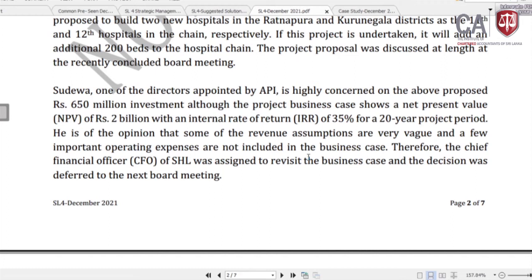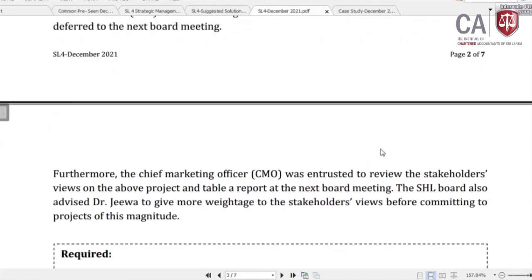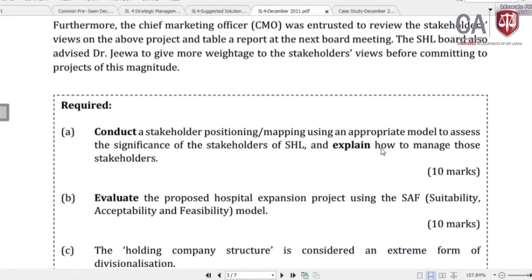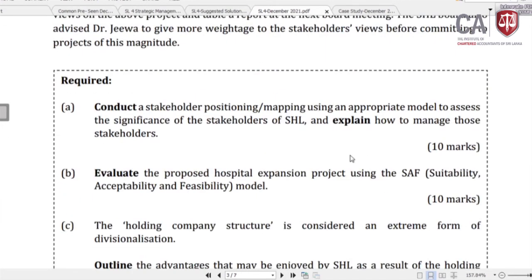Threat, there may be some competing hospitals in the area. Then what about the current economic situation? It always creates a problem, that may be a threat, right.